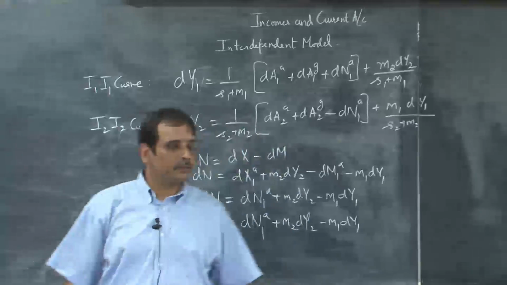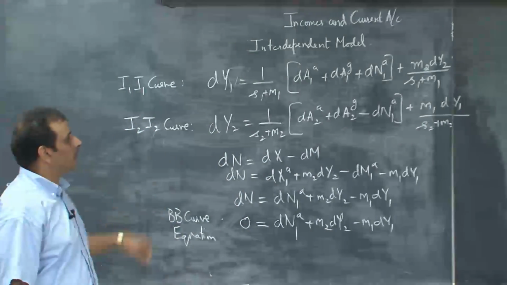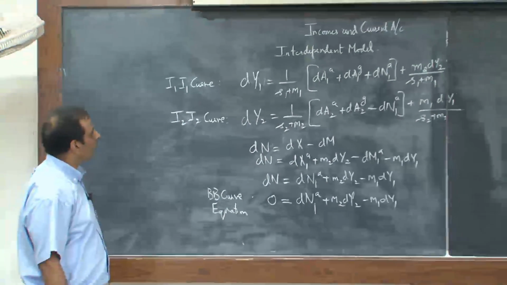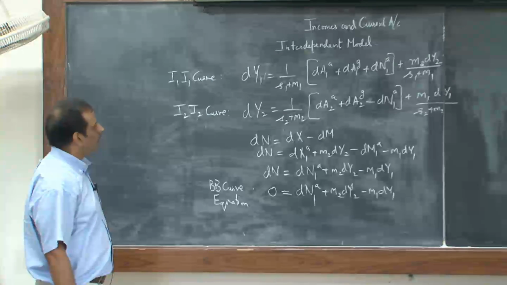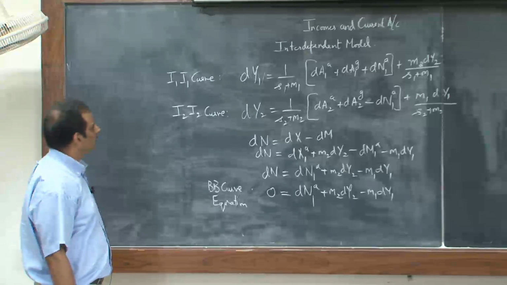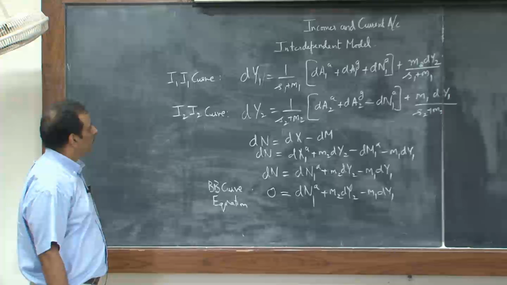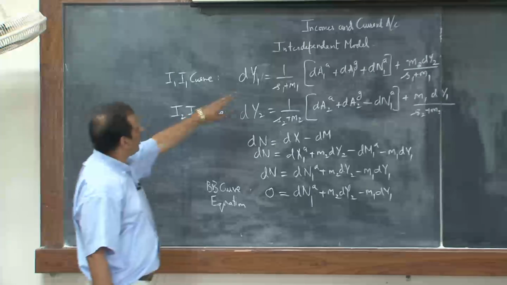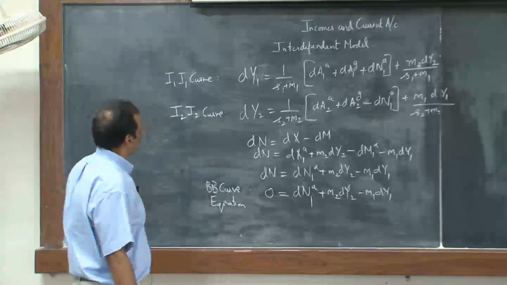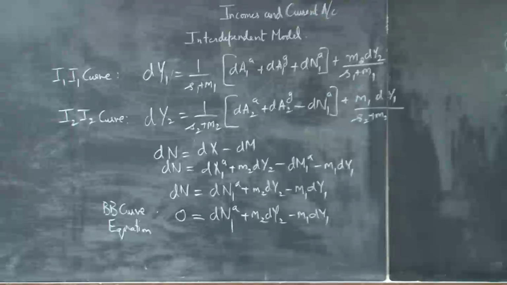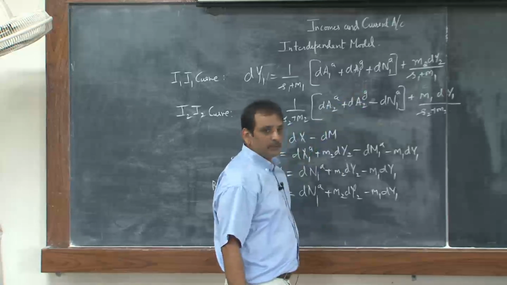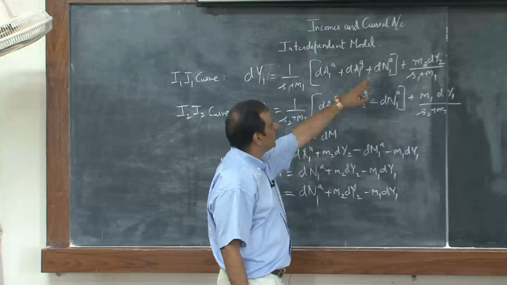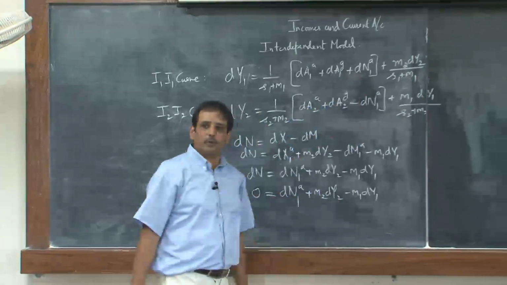This set of equations we derived last time. Here we have two trading partners, and dy1 denotes the changes in income for the first country as a function of the expenditures, including the changes in the autonomous net exports.